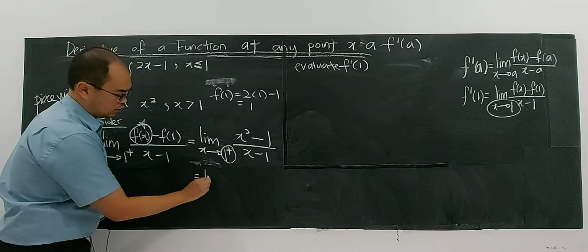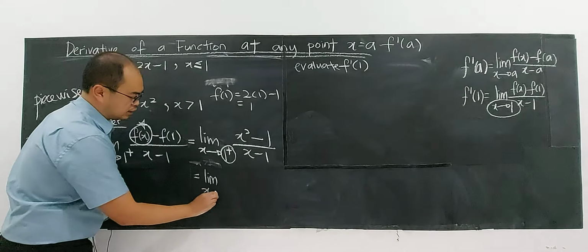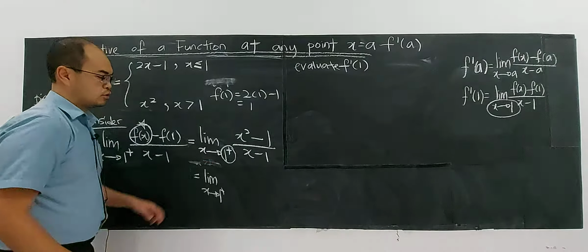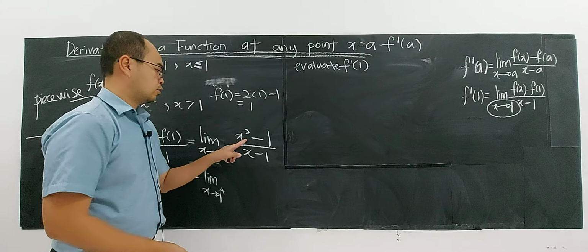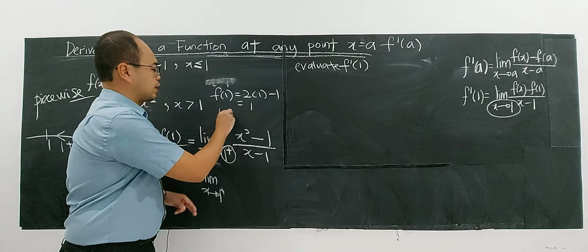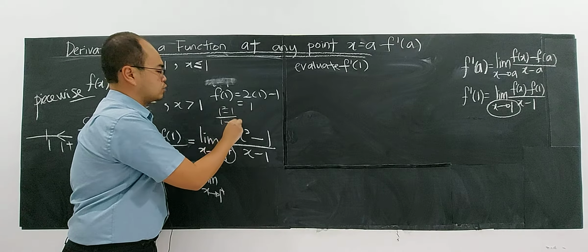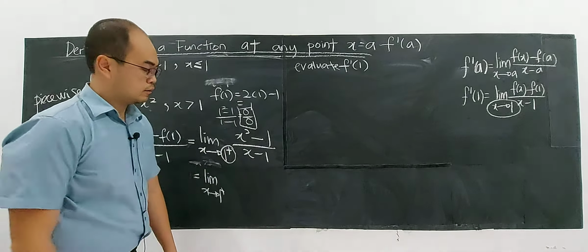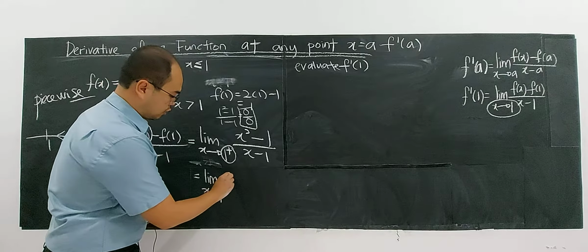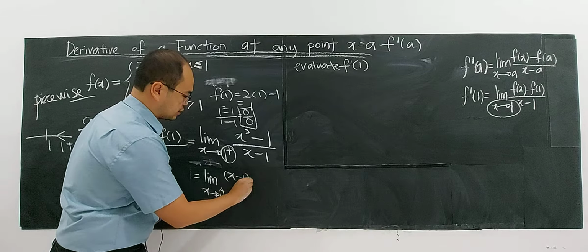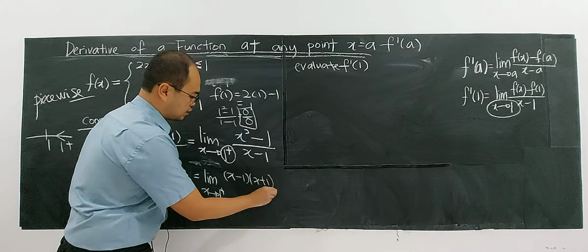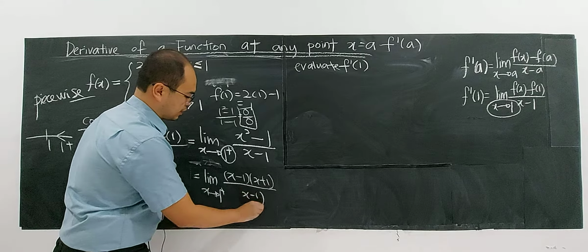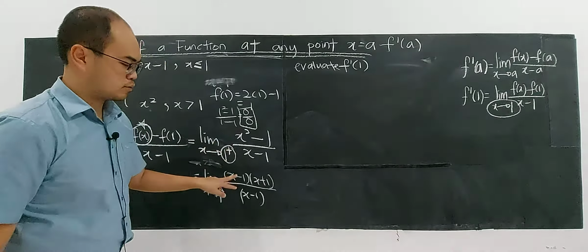Now you can evaluate the limit. If you put in 1, you have 1 squared minus 1 over 1 minus 1. It's a case of 0 over 0, undefined. So the most proper way is to do factorization: (x plus 1)(x minus 1) over (x minus 1).